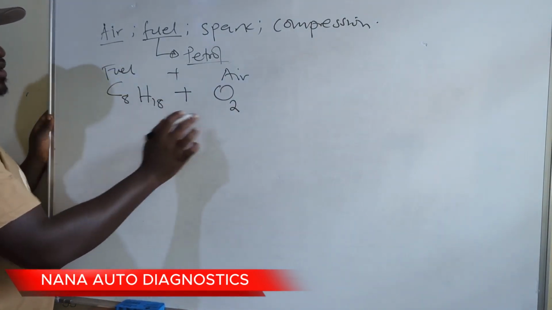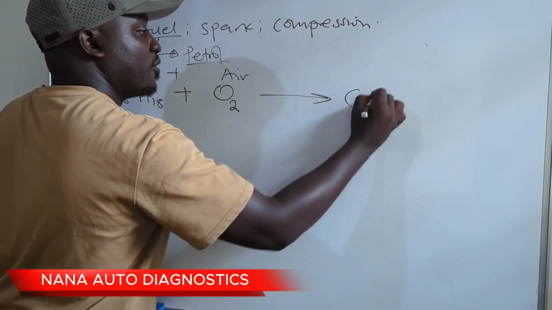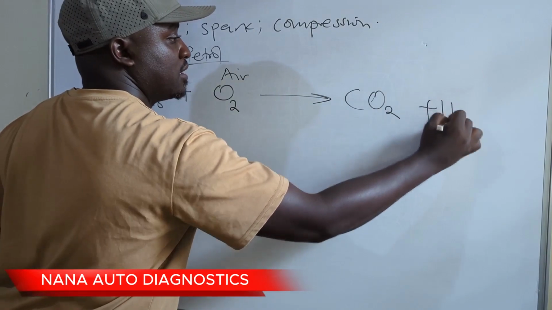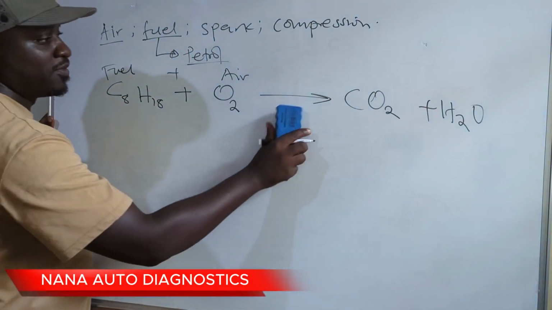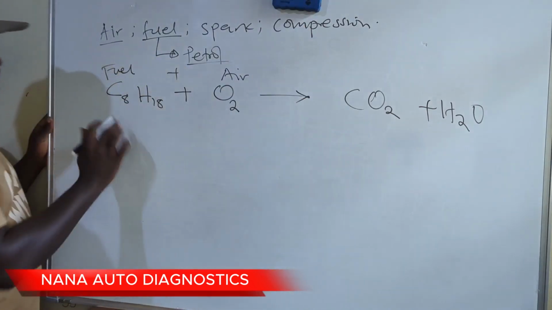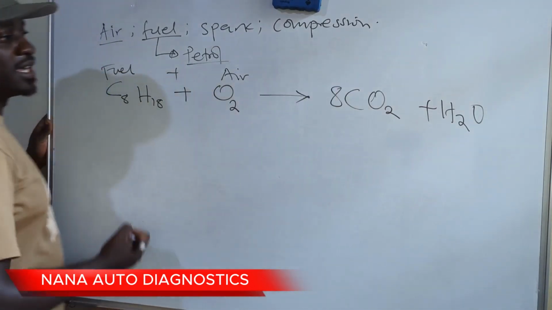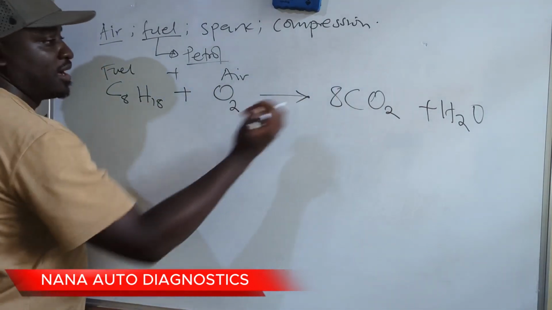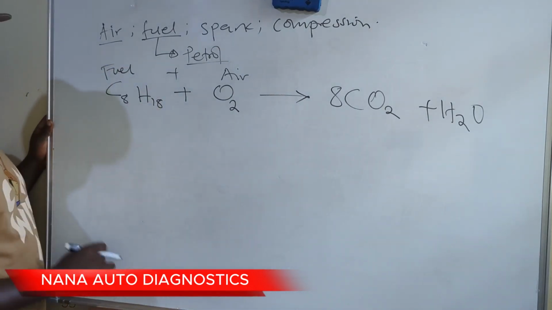Now whenever we combine these two, we end up with carbon dioxide and water. So let's do some bit of balancing here. The carbons, they are 8. So we put an 8 there, so the carbons are balanced. The hydrogen, they are 18 this side.